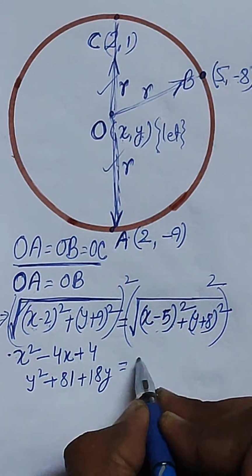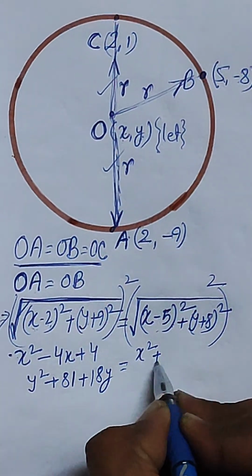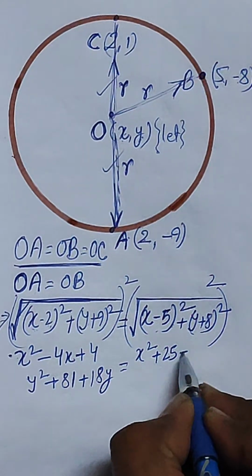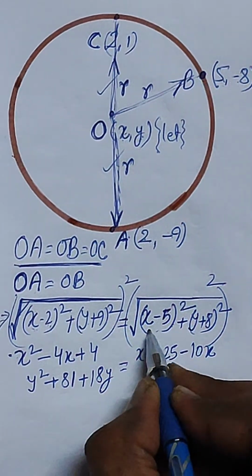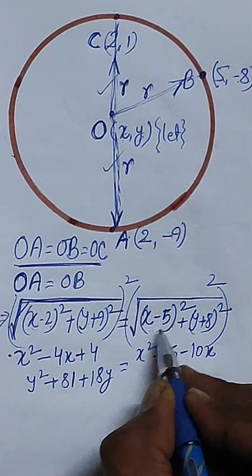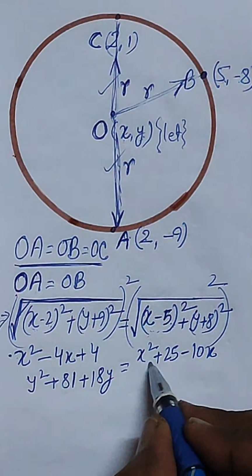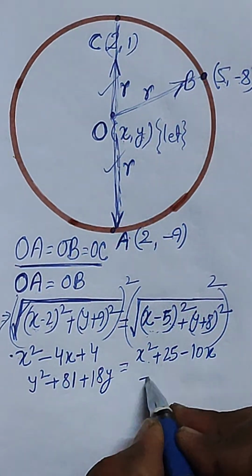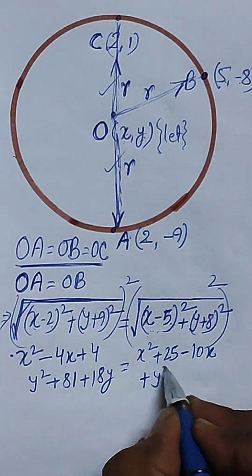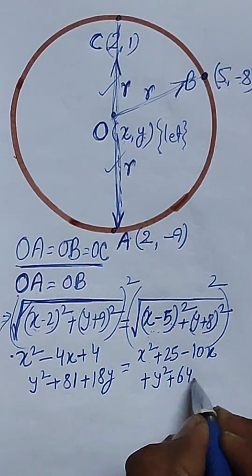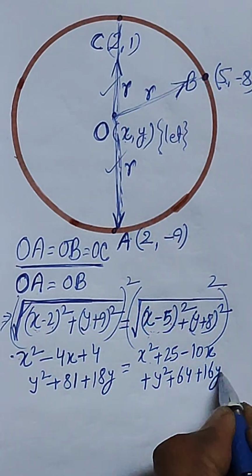This is equal to x square plus 25 minus 10x, expanding again in the form of (a minus b) whole square, plus y square plus 64 plus 16y, right?